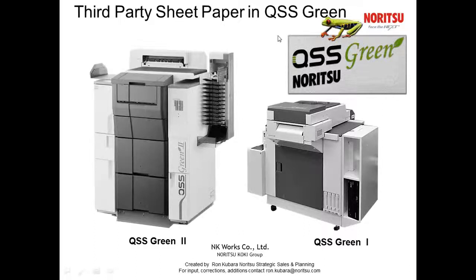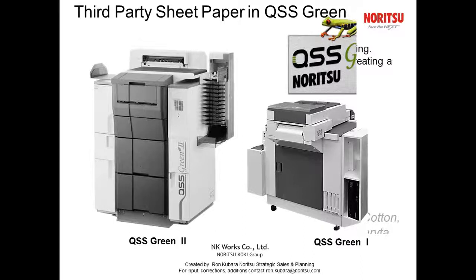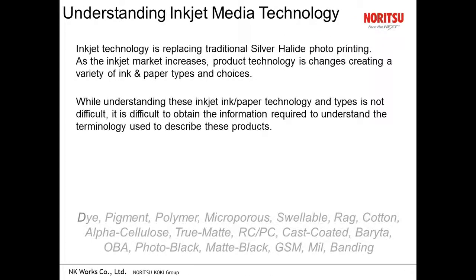In utilizing third-party sheet paper, I found out there are a lot of different papers on the market, and different manufacturers use different specification numbers and information that they are providing about these papers. It was information that I knew very little about. So I started this quest to really understand it, and in the process I found out that some of the information is standardized and some is not. So I'm going to go through all of that today.